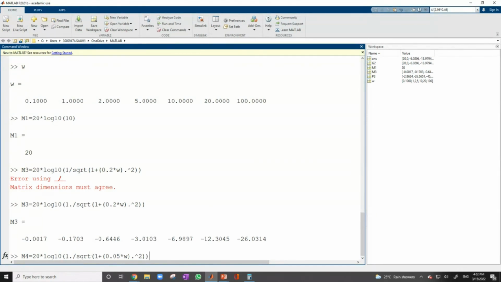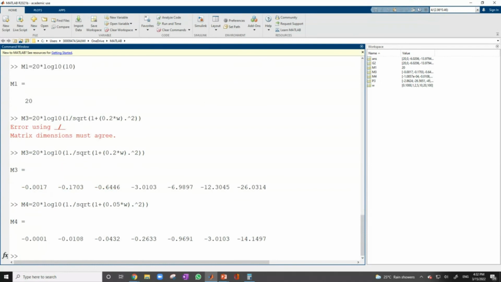Right, so again, root sum squared of the numerator over the root sum squared of the denominator, and then we're expressing it in decibels, which means you take 20 log base 10 of that value. So there's our values for our M3 and our M4.